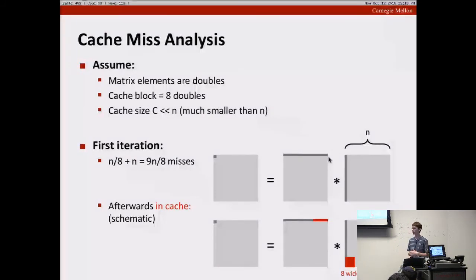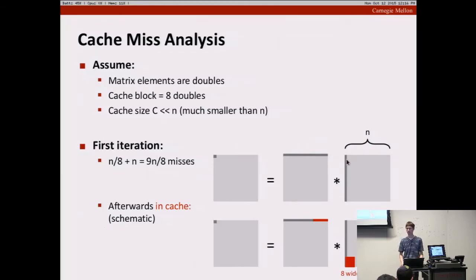Does that make sense? n is the length of the row. Because the first member of each group of 8 is a miss, and then it loads up the rest, so they're there when we go to access them. And then when we go to do this column, since we load up the first 8 of this row, when we load up the first element, the element in this corner, that's a miss.